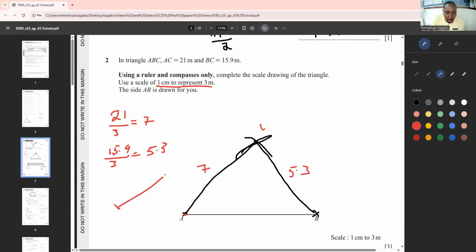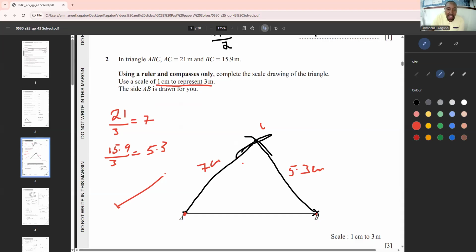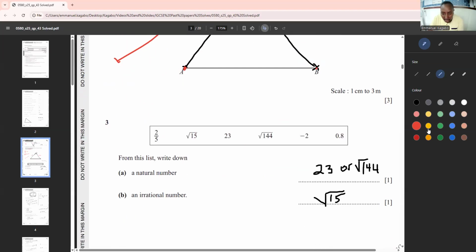You put your compass on your ruler, measure 7, put the point of the compass here, then mark with your pencil somewhere here. Then you put your compass on the ruler, measure 5.3, put the point of your compass here, then mark the other side. So this should be centimeters, and this one should be centimeters. I've just used the scale. Very good. Now, next question.